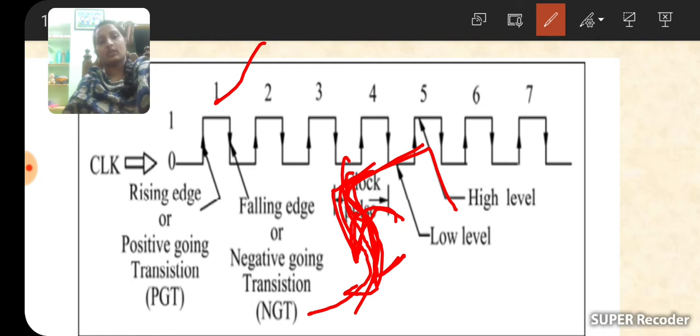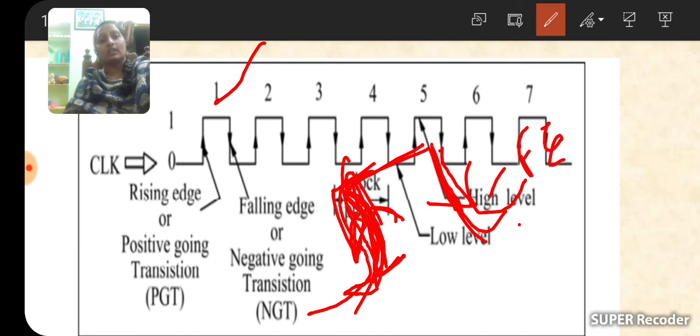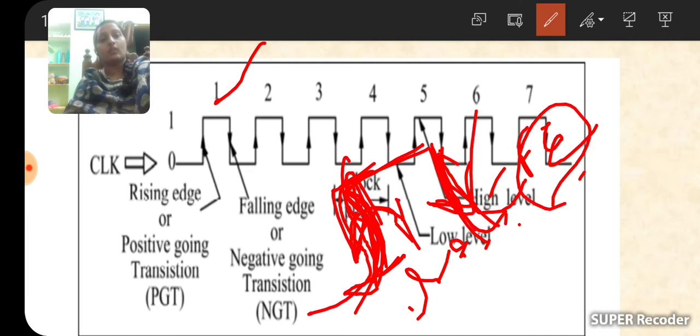So 0, 1, 2, 3, in this way it is in increasing order. That's why this edge is called rising edge. Next one, see here, it is decreasing. So that's why this is called falling edge. The first one is the increasing way, called rising edge. Next it decreases, called falling edge.